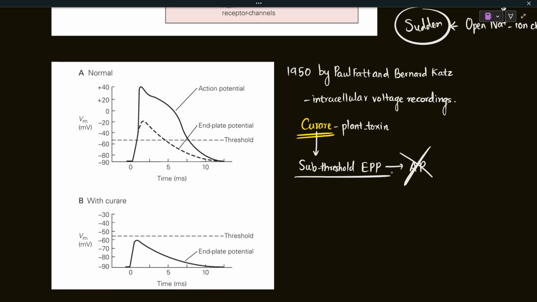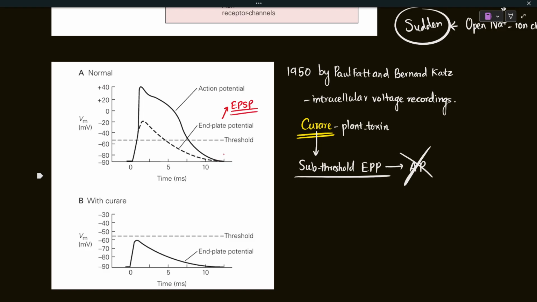That helped them in the study. When they studied those potential generations, they found that this is an excitatory postsynaptic potential. The acetylcholine excites the muscles, which is why it is known as an excitatory postsynaptic potential. So the end plate potential is the excitatory postsynaptic potential.